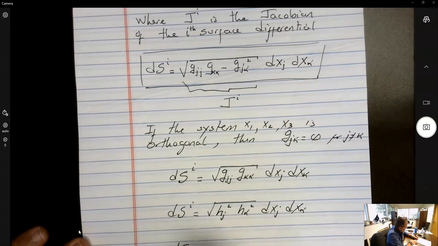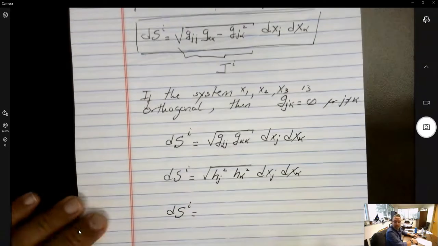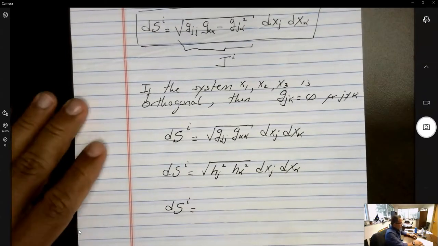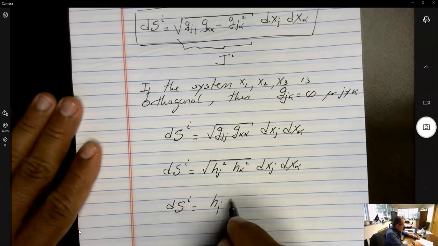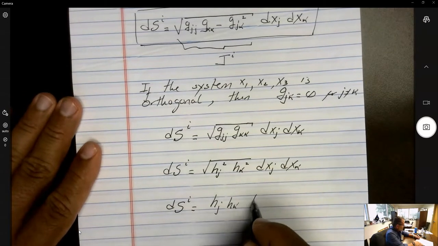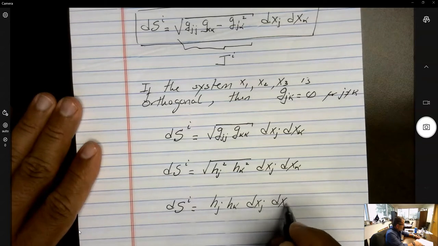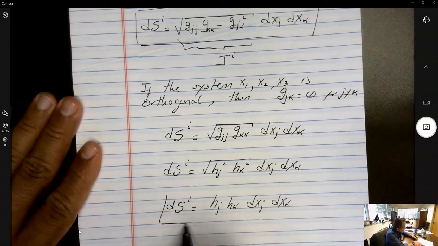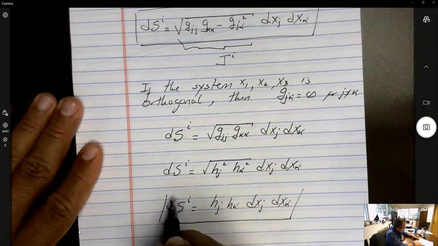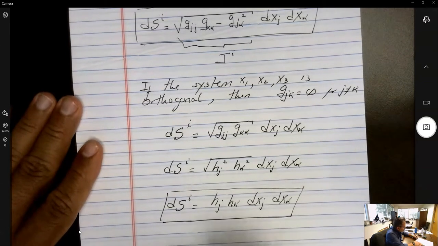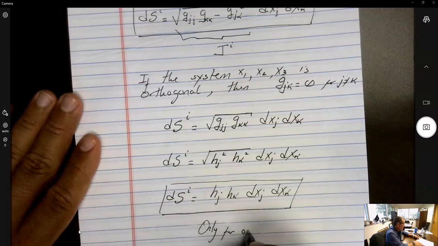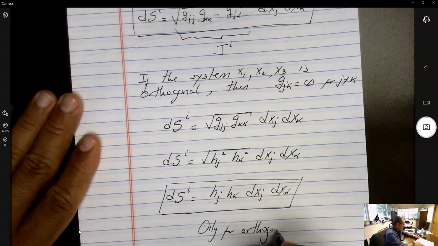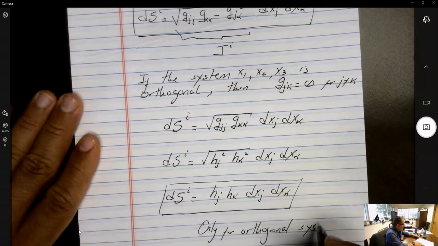So the differential surface perpendicular to the ith axis or dimension is hj hk dxj dxk. This is only for orthogonal systems.